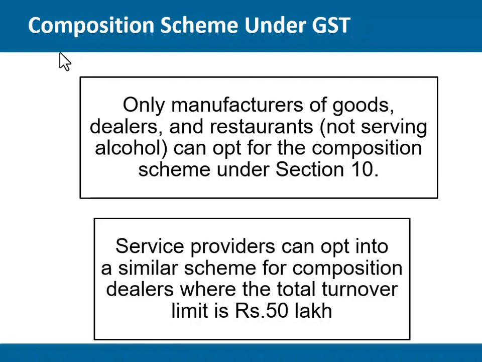Second, service providers can opt into a similar scheme for composition dealers where the total turnover limit is 50 lakhs. So for goods, it is 1.5 crores. For services, the limit has been brought down to 50 lakhs. अगर आप सर्विस प्रोवाइडर हो तो कॉम्पोजिशन स्कीम में आप 50 लाख से नीचे हो तो यू कैन फॉलो इनटू दैट कैटेगरी. If you are supplying goods, then the maximum limit is 1.5 crores.